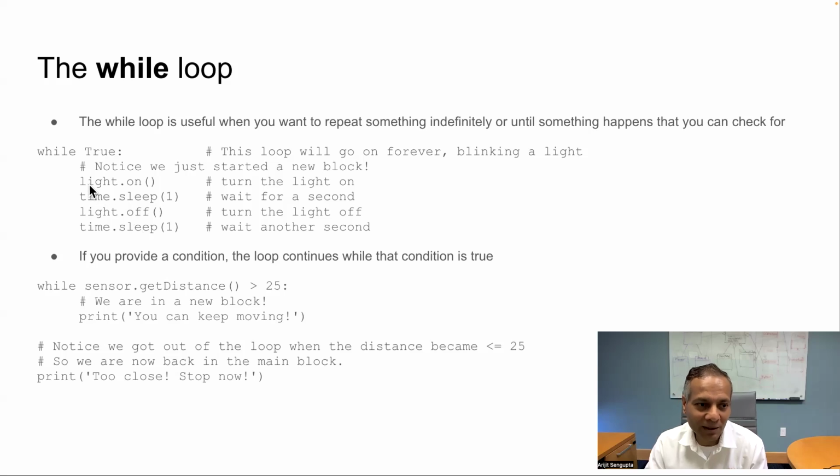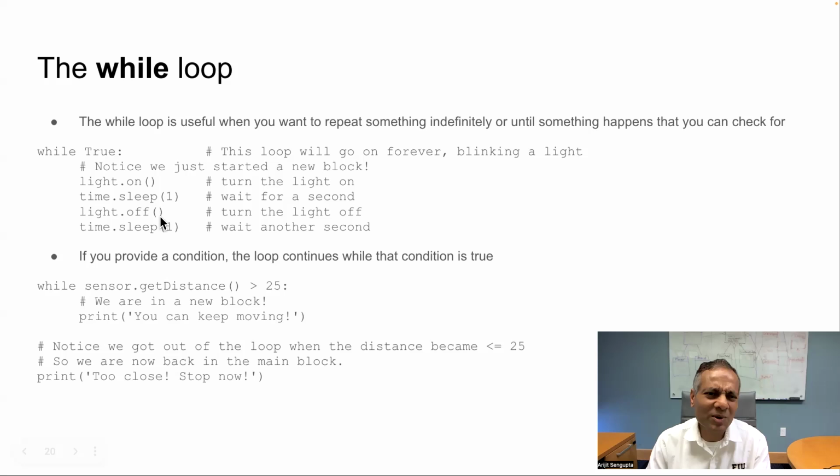We will do something like we turn the light on, we wait for a little while, then turn the light off, and then again wait for another second. So this is going to keep blinking the light forever. Turn it on for a second, off for a second, on for a second, off for a second, and this is going to go on forever. Notice that since we do not know when this will ever end, well, in this case, this will never end, we use a while loop instead of a for loop.